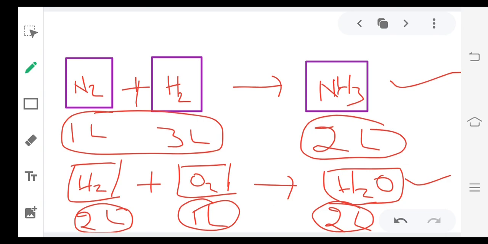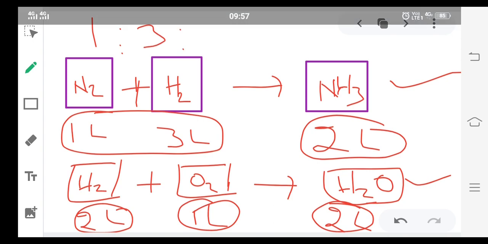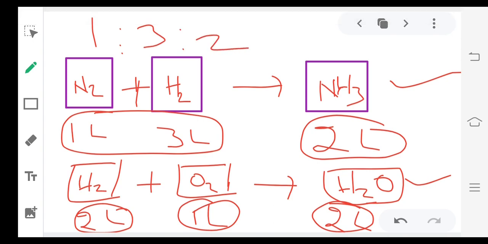So in a gaseous reaction, the volume ratio of reactants and products always bears a simple whole number ratio. So in the first case, what is the volume ratio? That is 1:3:2. In the second case, what is the volume ratio of gases? That is 2:1:2. So like this, all gaseous reactions bear a simple whole number ratio.